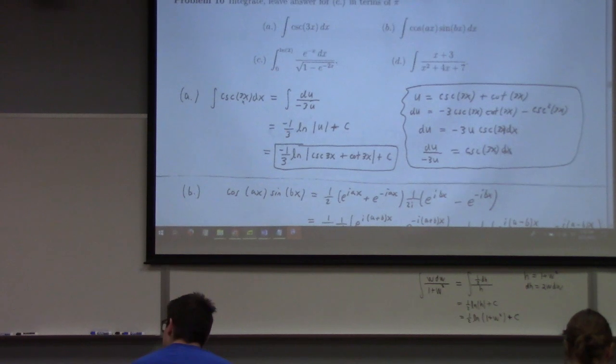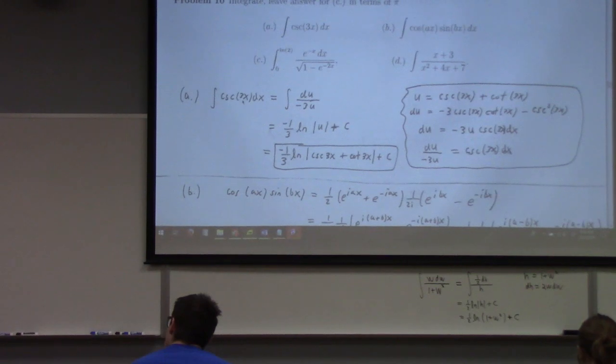But with that adjustment made, we could make a substitution, right? We've got a du over u squared minus 1. So here u equals cosine. Du is minus sine of x dx, right?